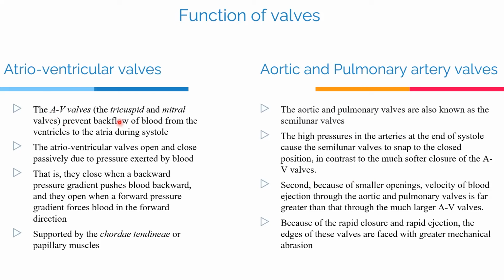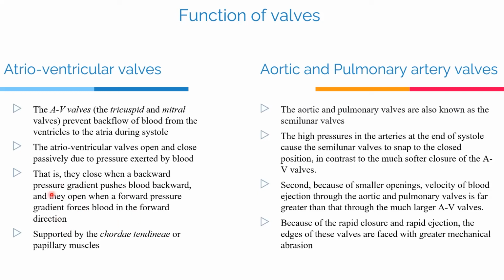The AV valves, the tricuspid and mitral valves, prevent backflow of blood from the ventricles back into the atria during systole. The atrioventricular valves open and close passively due to pressure exerted by the blood. That is, they close when a backward pressure gradient pushes blood backward, and they open when a forward pressure gradient forces blood in the forward direction.